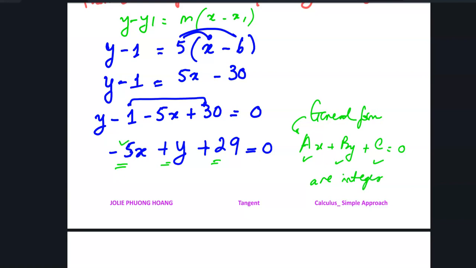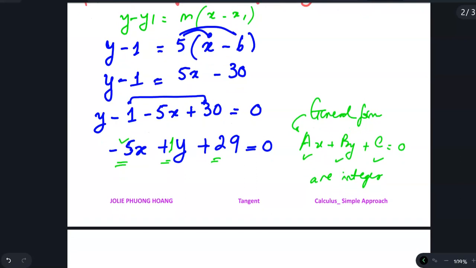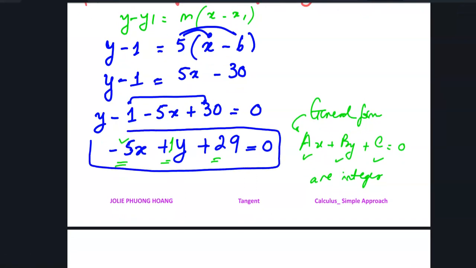This should be a 1, but it's invisible. And 29 is also an integer as well. So this equation is the equation of the line tangent to the curve at the given point in general form.